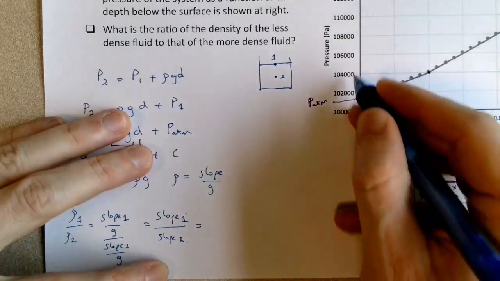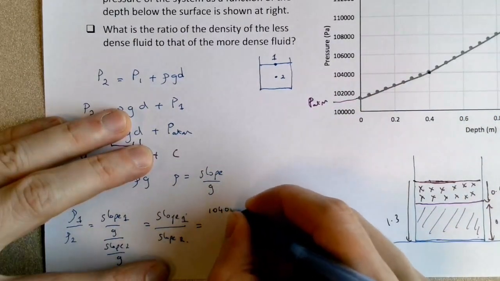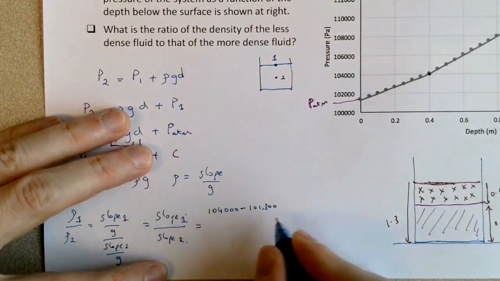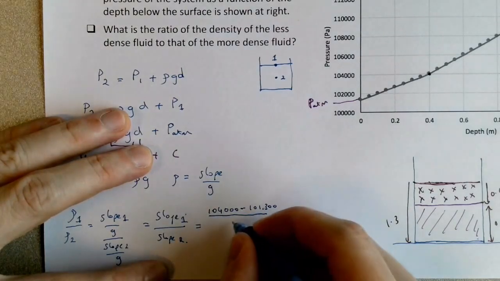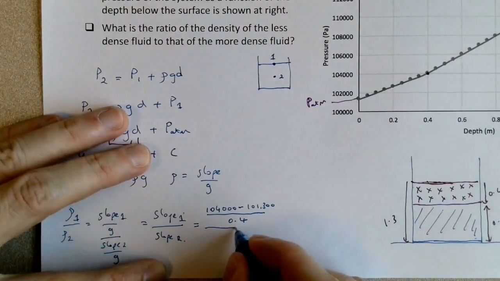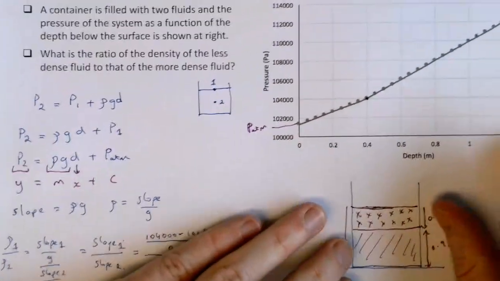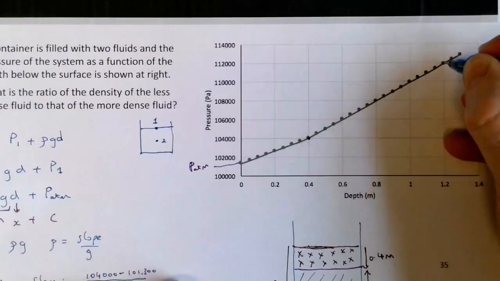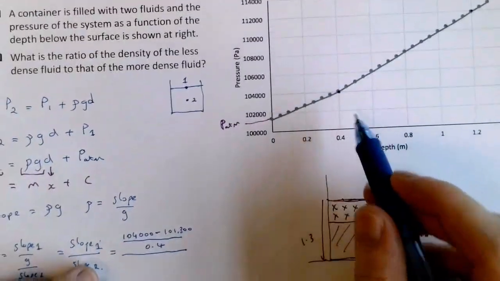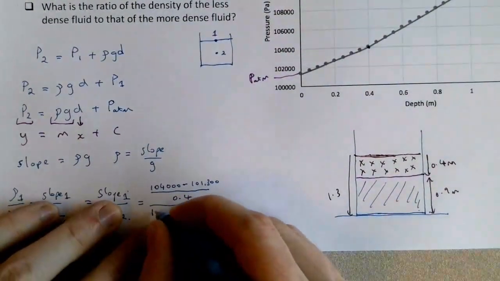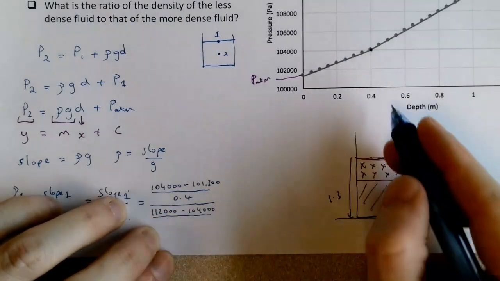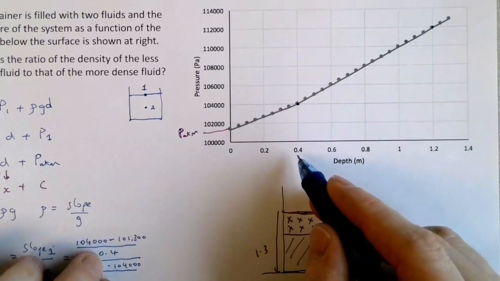So for the slope, I have a change in y of 104,000 minus 101,300, atmospheric pressure, in units of pascals, divided by a run or base of 0.4, so delta y over delta x, all divided by the second slope. Again I've got another nice point up here at 112,000 at 1.2 and 104,000. So I'll do 112,000 minus 104,000 for my delta y, all over a base length of 0.8.